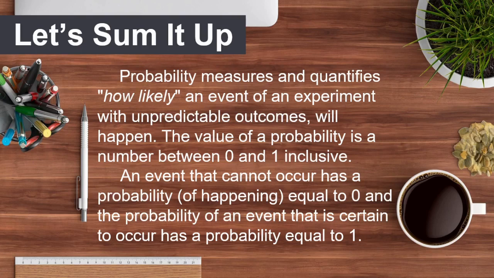If the probability is that something will not happen, then it is equal to 0. But if the probability of an event is certain, then the probability is equal to 1. Anything in between can be represented in fraction form, or in percent or in decimal.